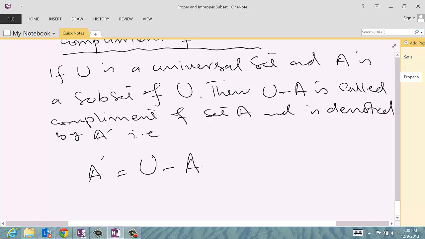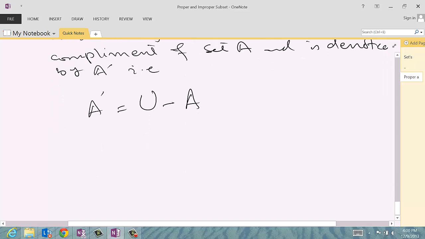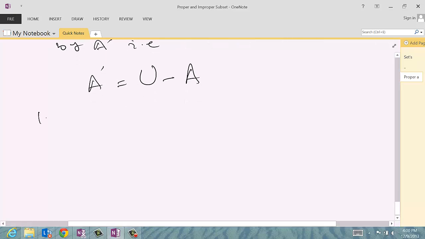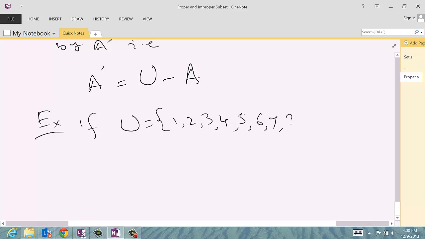Let's take a look at an example. If U is equal to {1, 2, 3, 4, 5, 6, 7, 8, 9, 10}, and its subset A is equal to {1, 2, 3, 4}, then by the definition of difference of sets, what is A complement?